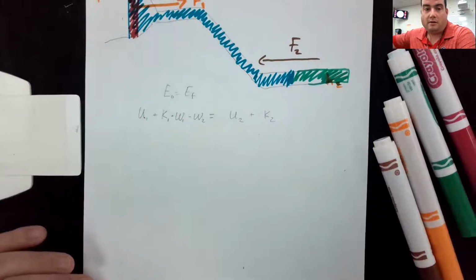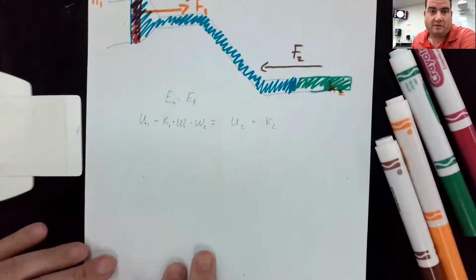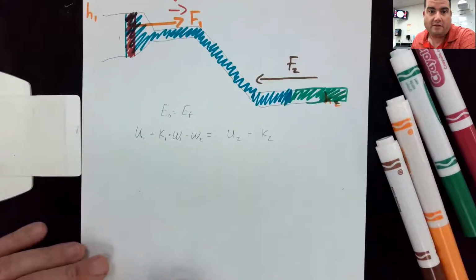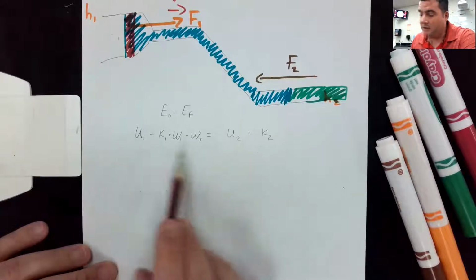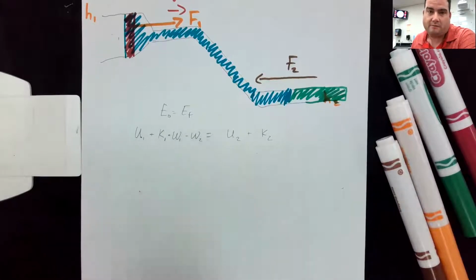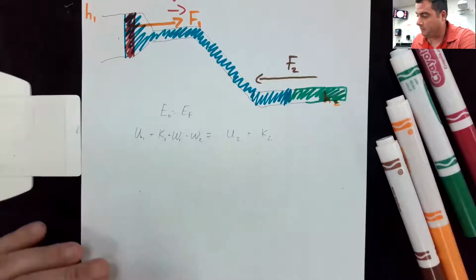What I want to do now is plug in values you already know and see what this looks like for a fluid situation.